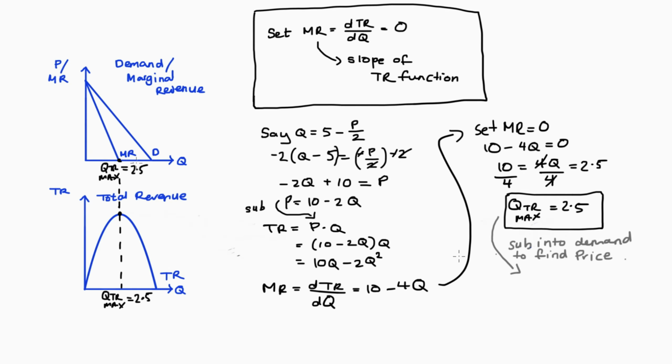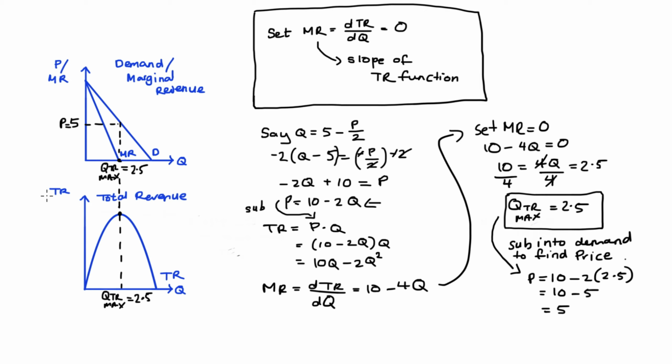We can use our demand curve as I originally wrote it with Q on the left-hand side and then solve for P, or we can use the inverse demand curve because P is on the left-hand side and that's neater. So I'm going to do that. We find that the corresponding price is P = 10 - 2 × 2.5, which is 10 - 5, so 5. So if I put this on the diagram here, I can draw up to the demand curve and across, and that's the associated price.